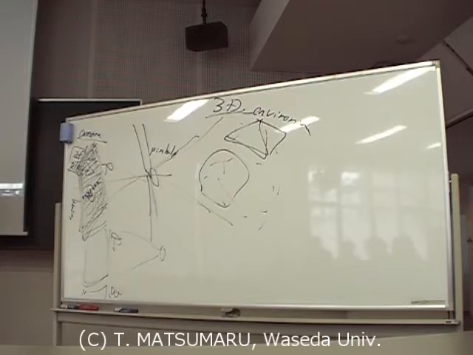And then the stereo vision means the three-dimensional position is estimated by using this information. On the left camera screen, this point is projected here.